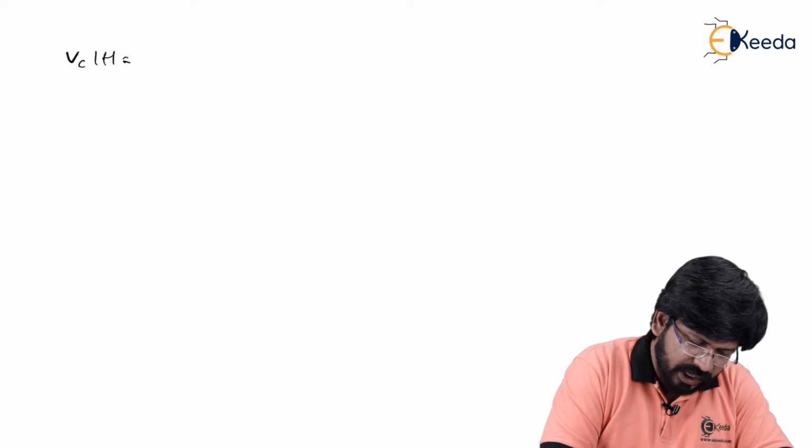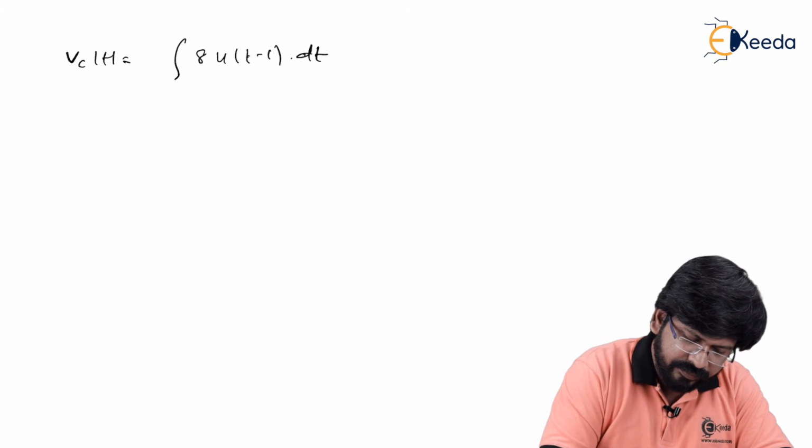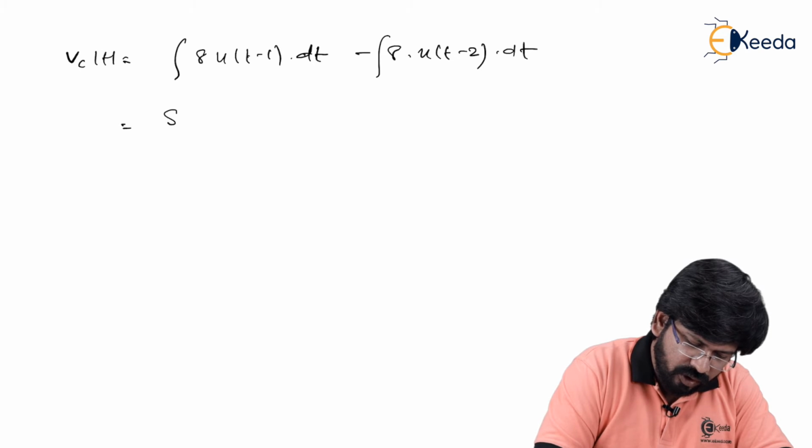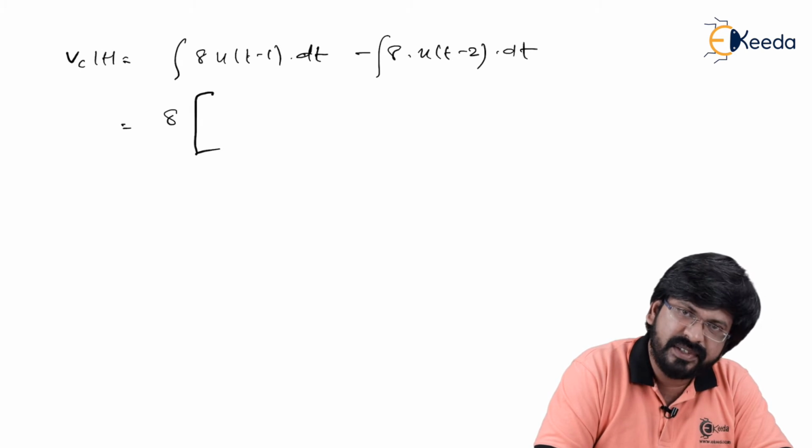So Vc of t, as we have written, now we can separate these two integrations. 8 times u of t minus 1 dt minus 8 integration of u of t minus 2 dt. We can take 8 common from both integrals.